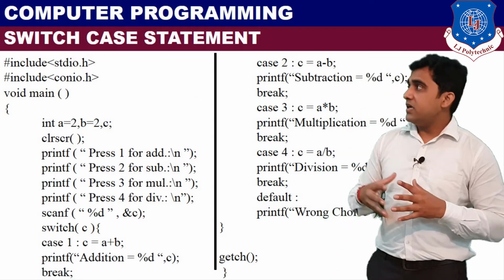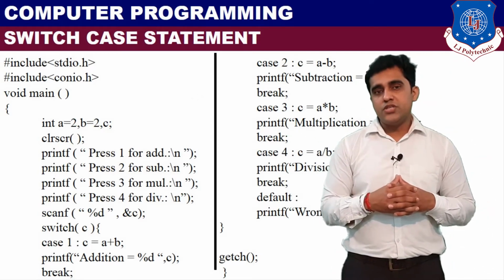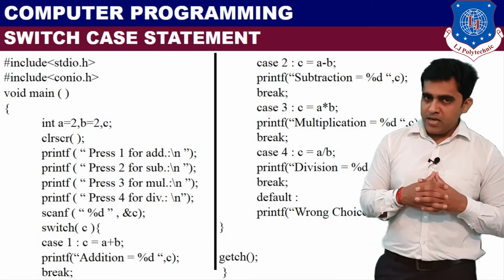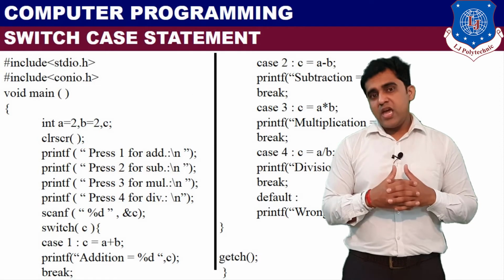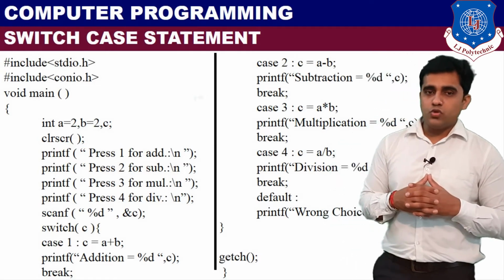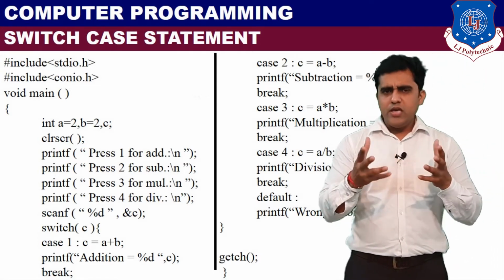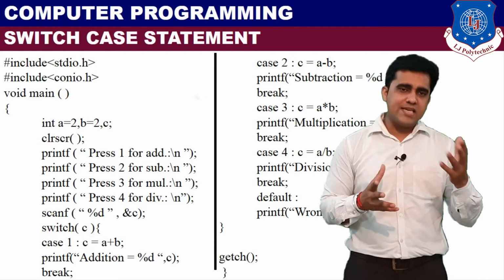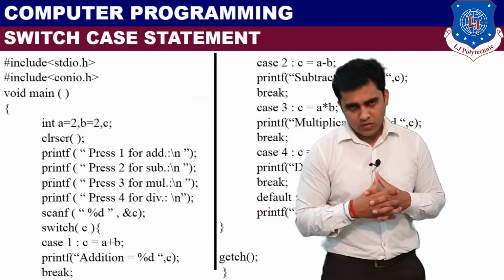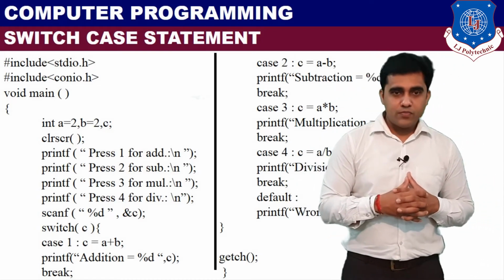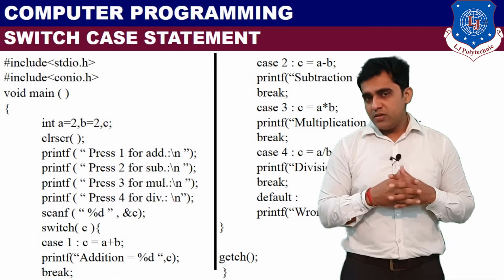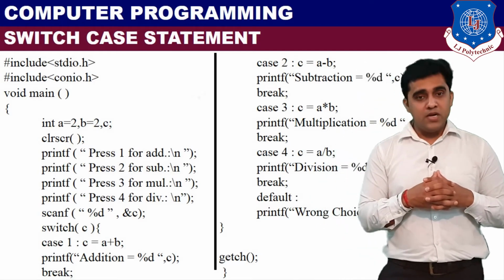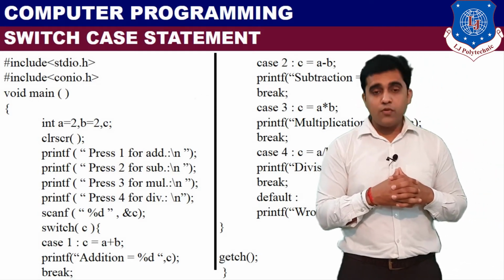So first we will start with #include <stdio.h>, #include <conio.h>, then our main, integer a equals 2, b equals 2 and c. Here you can take printf, enter the value of a, enter the value of b, scanf a, scanf b, it is up to you. Then printf, press 1 for addition, press 2 for subtraction, press 3 for multiplication, press 4 for division.